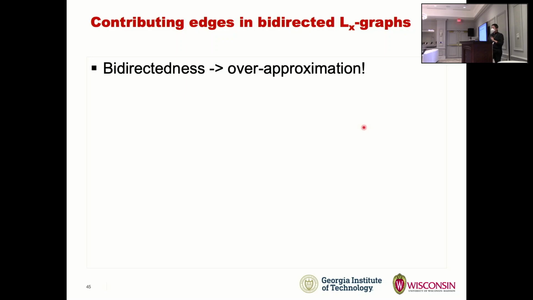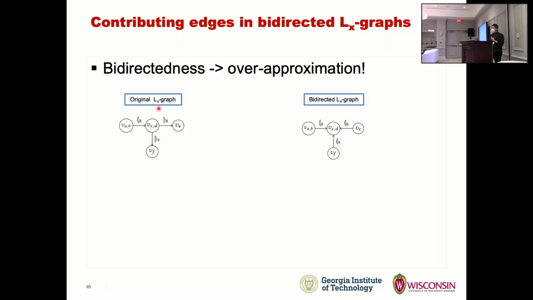Okay, then what is the remedy? Basically, we will invite our old friends, bidirected Dyck, right? Because as we see, bidirected Dyck is actually an over-approximation of directed Dyck. So originally we have this directed Dyck graph. All we need to do is to introduce the corresponding inverse edges and make this graph bidirected.